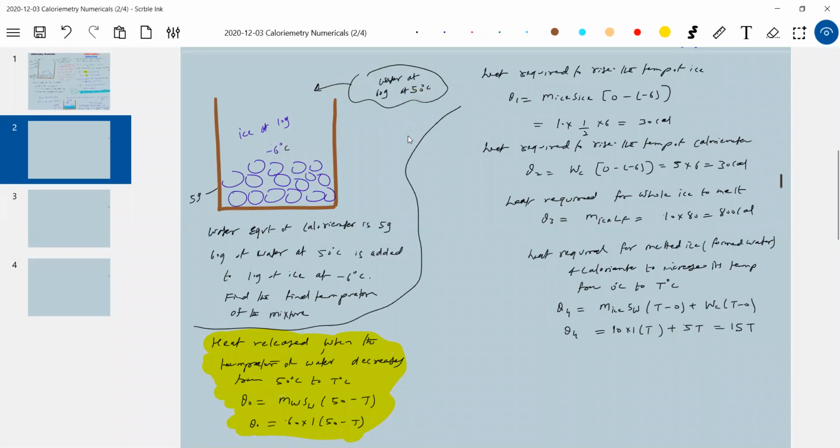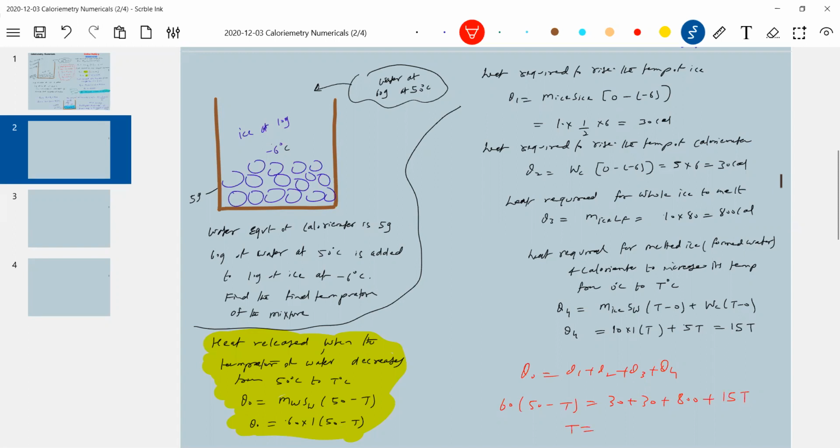So now I am going to equate: 60 into 50 minus T equals 30 plus 30 plus 800 plus 15T. Solve for T, you'll get the required answer.